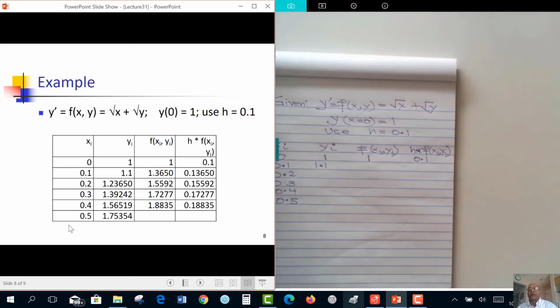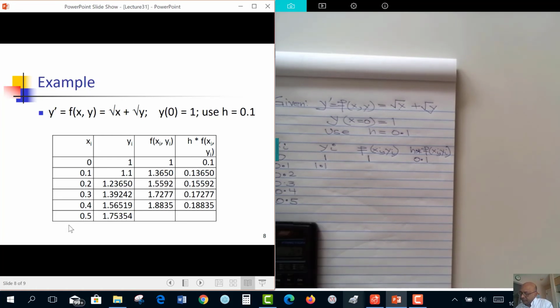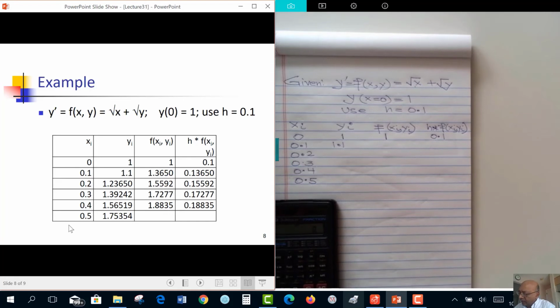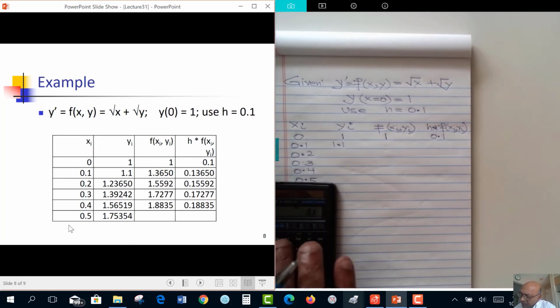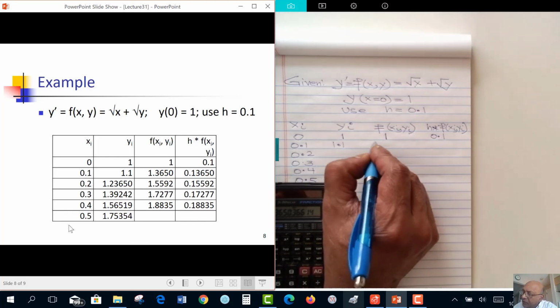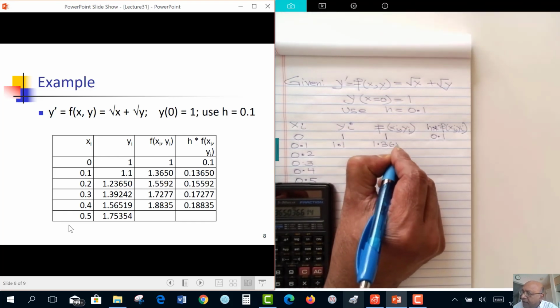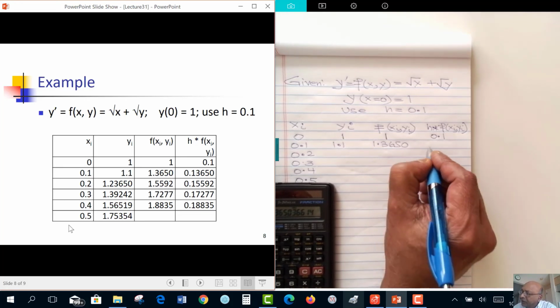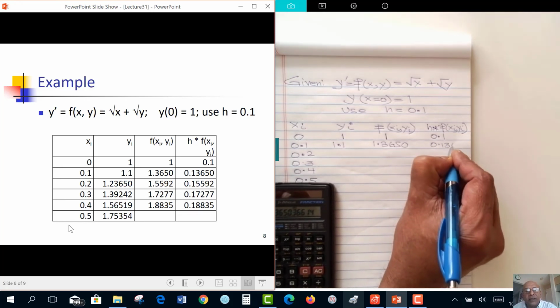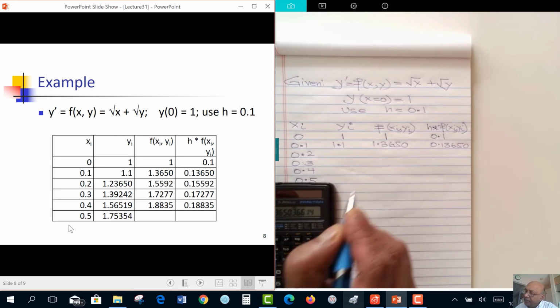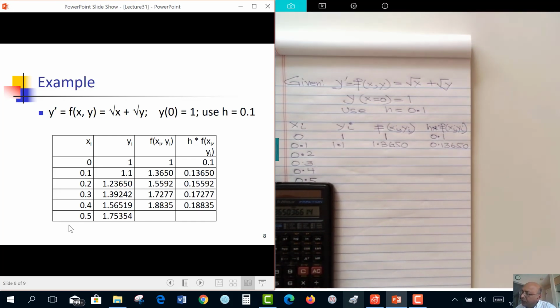So now we need a calculator. So we'll do square root of 0.1 plus square root of 1.1, which is 1.3650. We'll keep 4 digits. So we'll get 0.1365. So we will add it to 1.1.